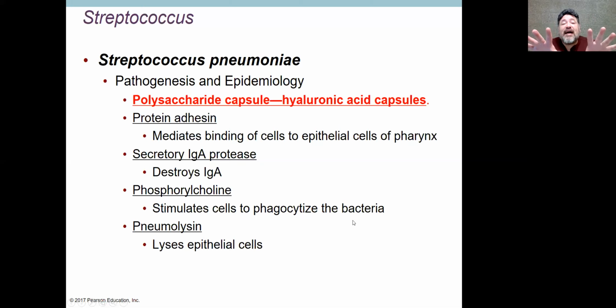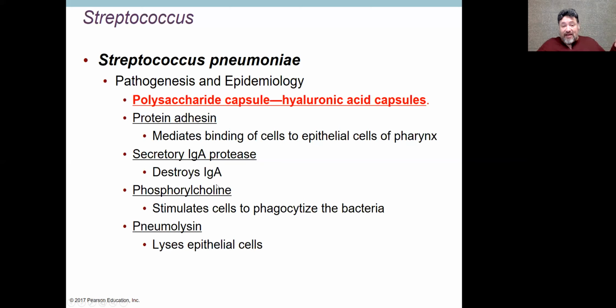It's supposed to keep things out, not bring things in. So this phosphorylcholine of the bacteria induces the epithelia to phagocytize this bacteria, bringing it into our tissues. Finally, the bacteria releases what's called pneumolysin, which is again a protein that lyses or breaks down cells of the lung.